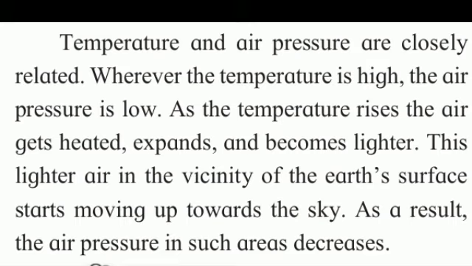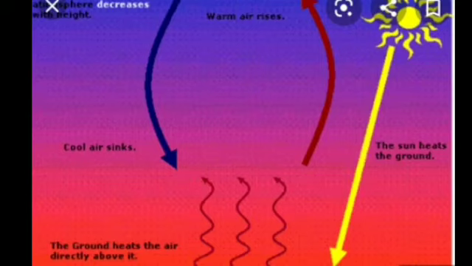Now see the explanation. Student, the temperature of a particular region and the air pressure of that region are both related to each other. How come, student? See, if the temperature of a particular region is very high, what happens?